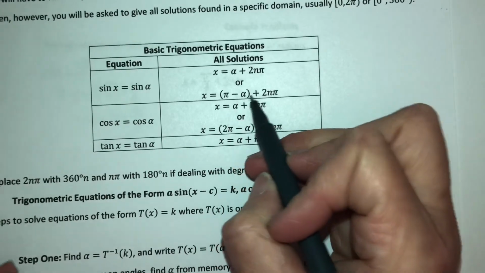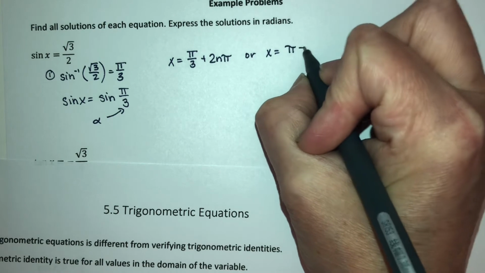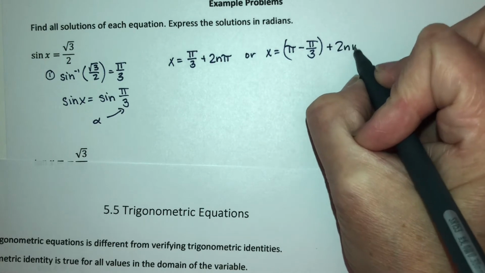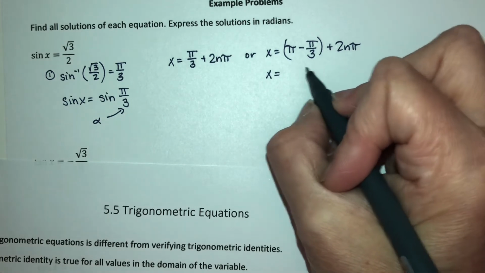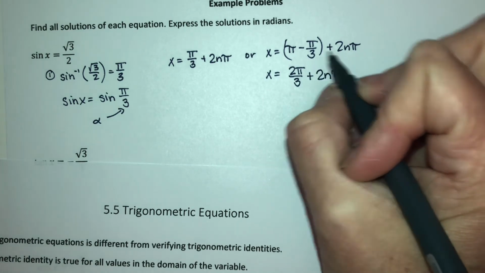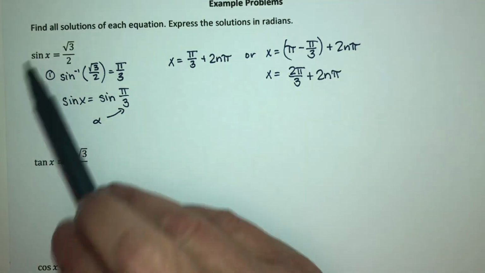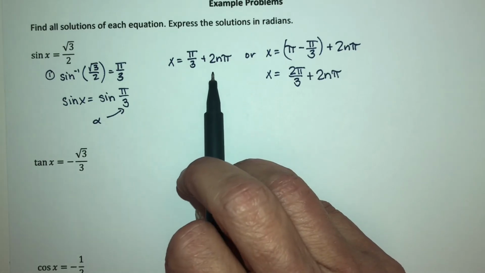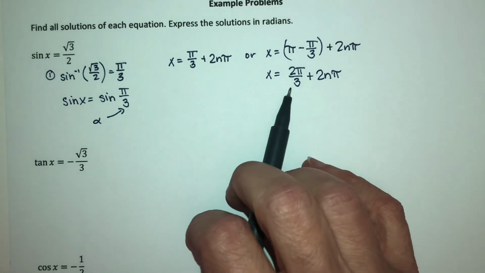So we do pi minus our alpha, plus 2n pi. So our other set of possibilities would be 2 pi over 3 plus 2n pi. So all of the possible solutions to this equation are either of the form pi over 3 plus 2n pi, so coterminal with pi over 3, or they are coterminal with 2 pi over 3.